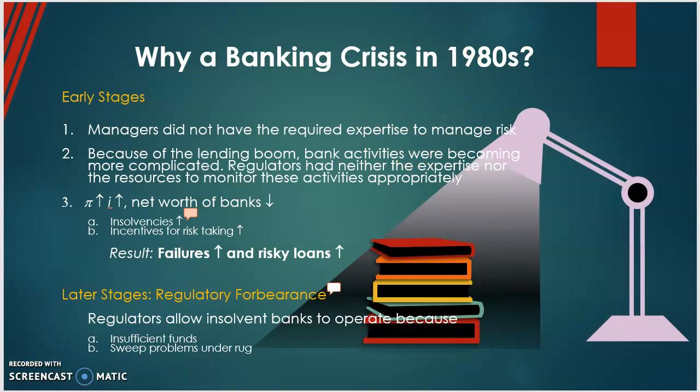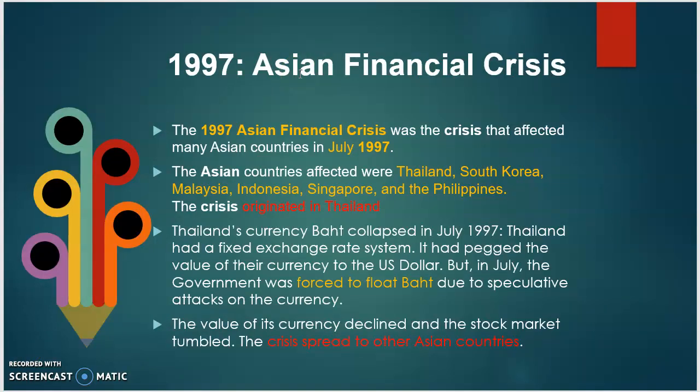Okay, look at the financial crisis that occurred in 1997 that affected many Asian countries in July 1997. Okay, the Asian countries affected were Thailand, South Korea, Malaysia, Indonesia, Singapore, and the Philippines.